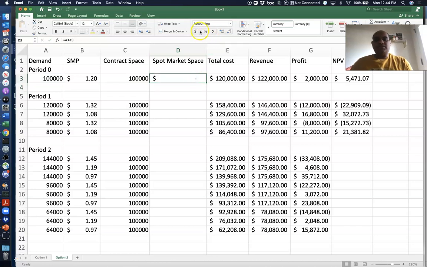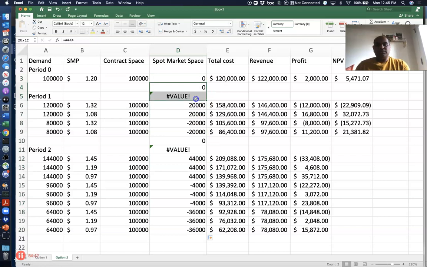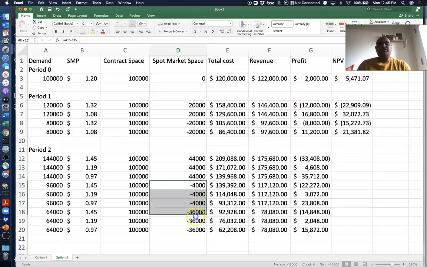The problem is that some of these numbers will be negative, obviously. If demand is less than 100,000, you're going to get negative numbers, but you don't want negative numbers. So let's change the formula.